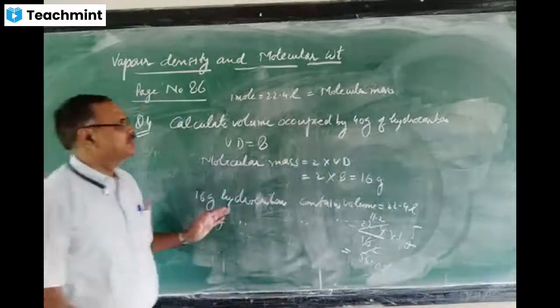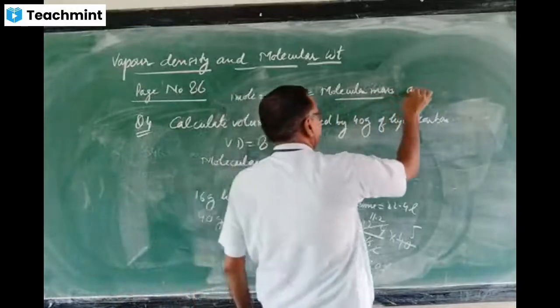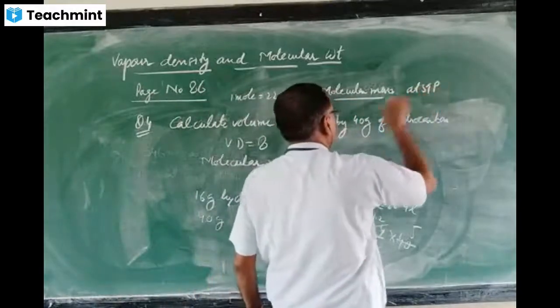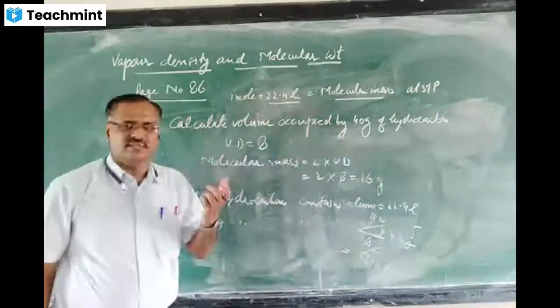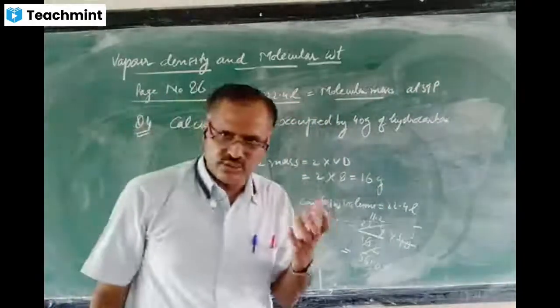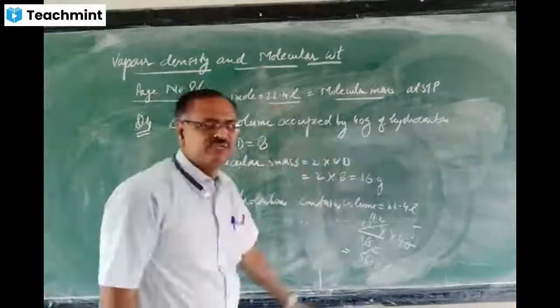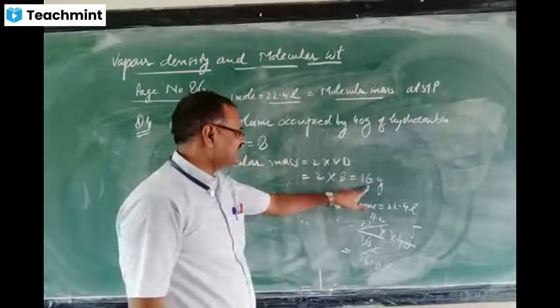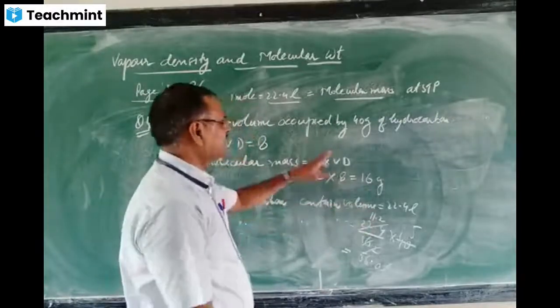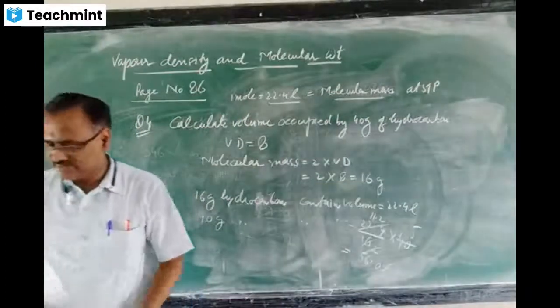Keep in your mind that this is the condition at STP: 1 molecular mass of any gas has a volume of 22.4 liters. So 1 molecular mass 16 gram has this much volume, then 40 gram, so your answer is 56 liters.